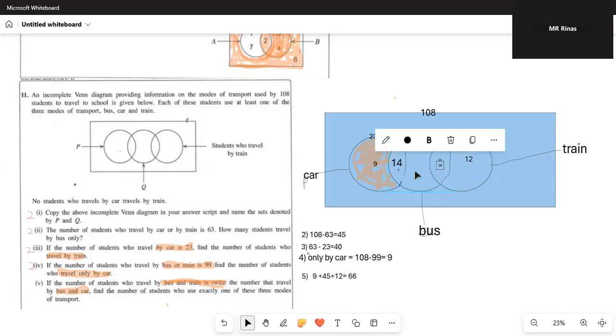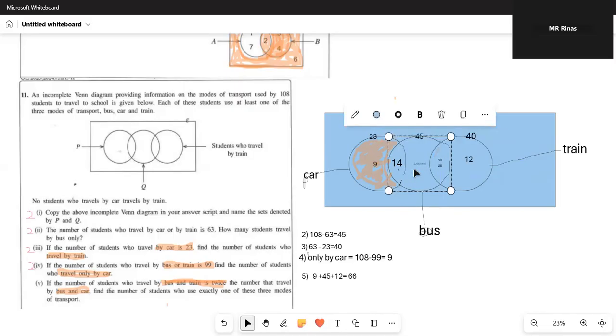Then the only thing you have to find is this middle part. Now you know that here it is 45. So from the 45, minus 14 and minus 28 is 3. So that portion is 3.